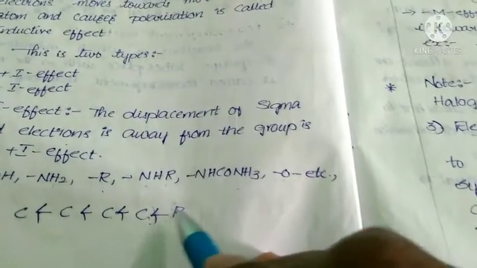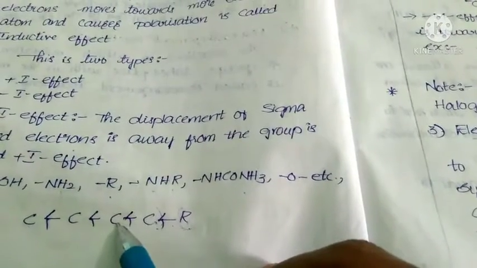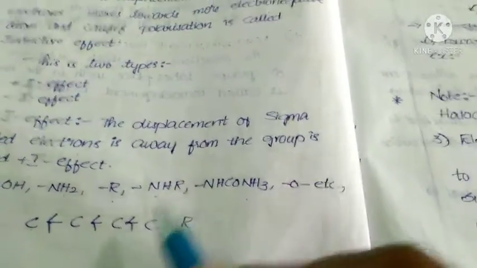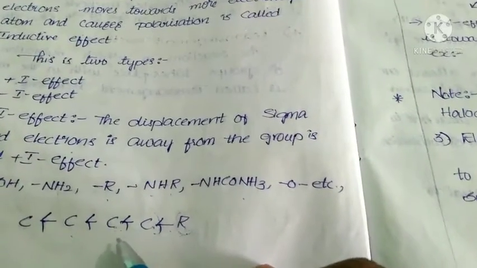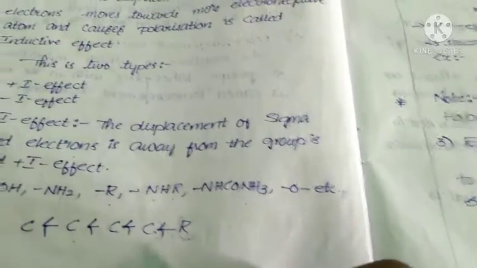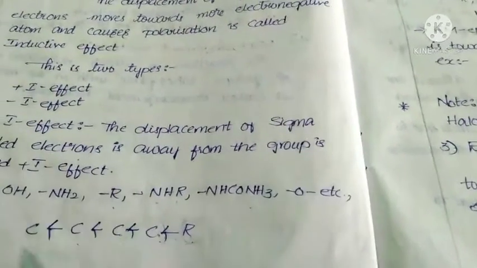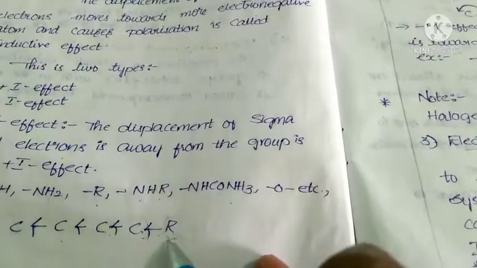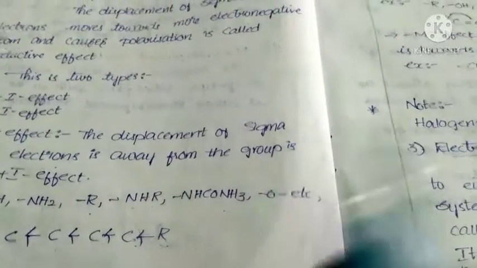Compared to this carbon, the effect of this alkyl group is somewhat less, and again less on the next carbon. Like that, the effect slowly decreases because distance increases. So this effect extends up to 4 carbons only. That is why it is called a short range effect.